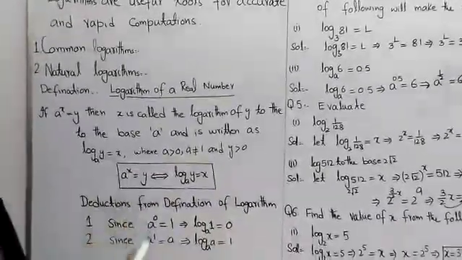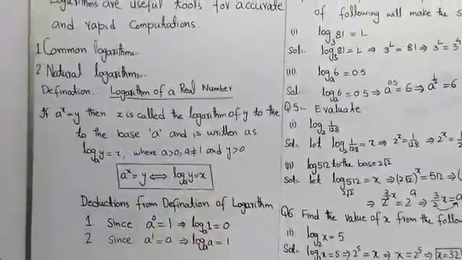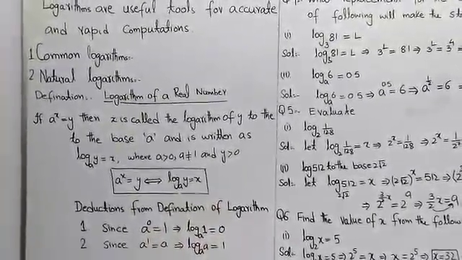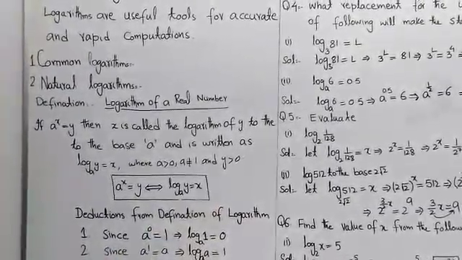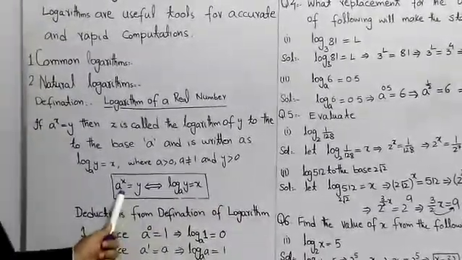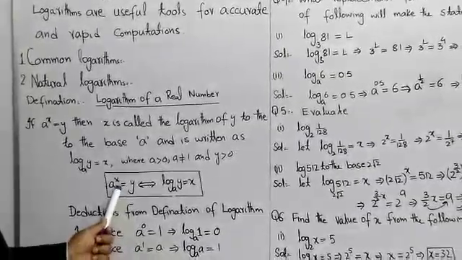Deductions from definition of logarithm. First deduction is that since we know that a raised to power 0 is equal to 1, this is the exponential form.